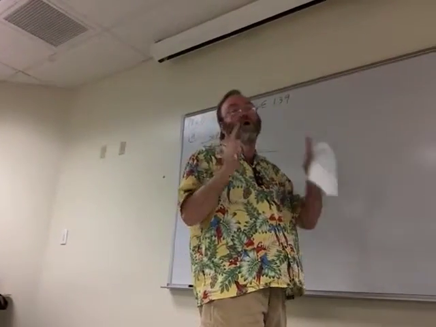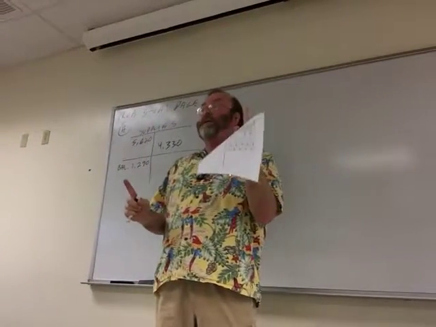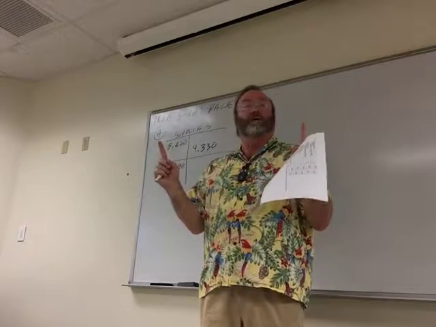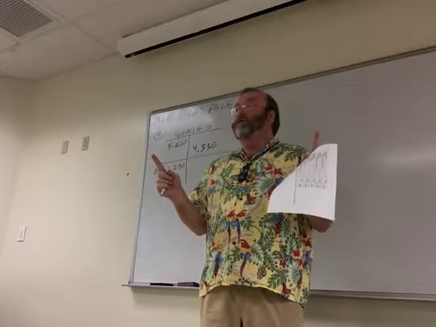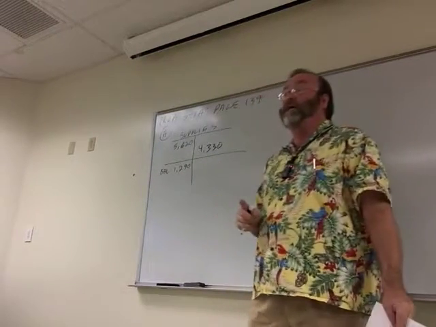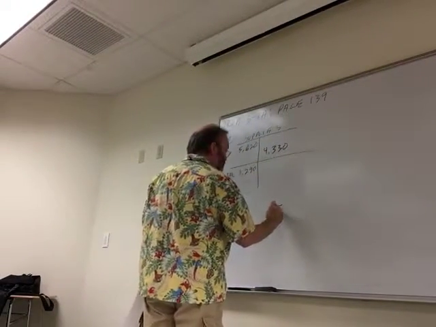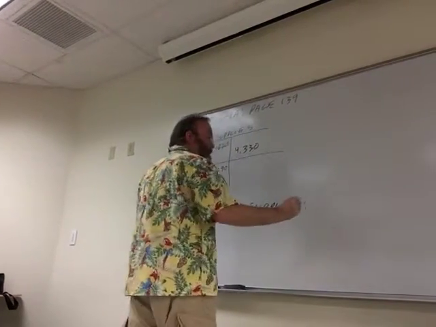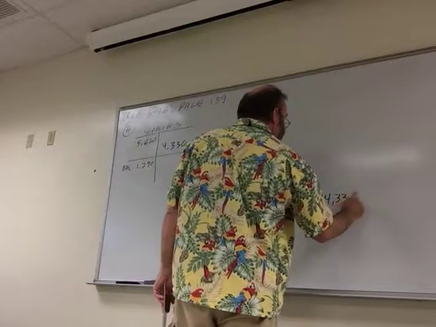Adjusting entries always affect at least one income statement account and one balance sheet account. One of each. So we know what the balance sheet account is. It's supplies. And we're going to credit that $4,330.